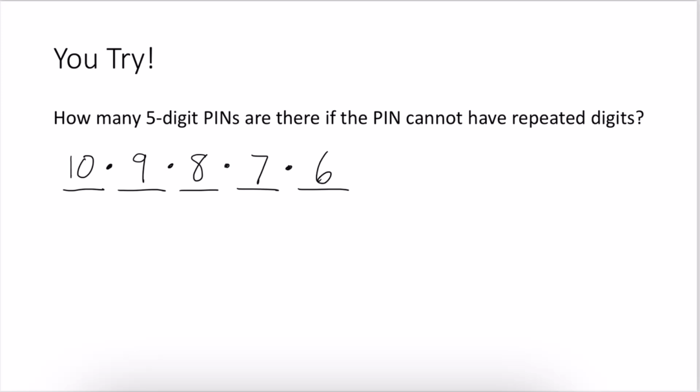And so I could multiply those out, 10 times 9 times 8 times 7 times 6, or I could use the nPr button and do 10 nPr 5 because I'm choosing 5 numbers, and that would be 30,240 different possible PINs that I could have. And the notation for that, if you want to write that in formula terms, that would be 10 to the 5 falling. And that's how you would calculate that.